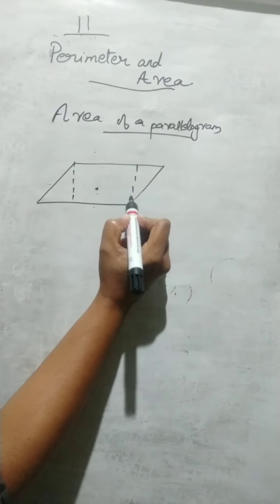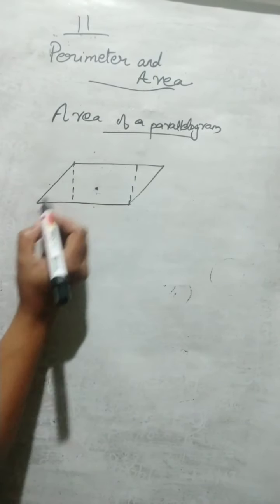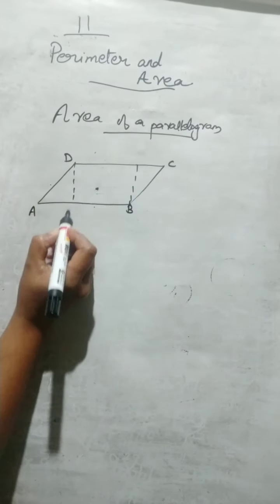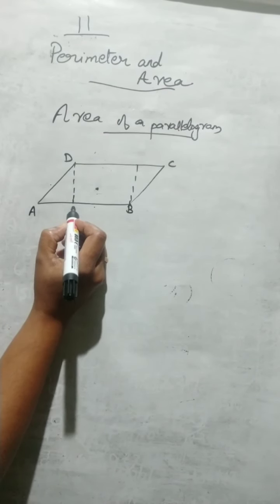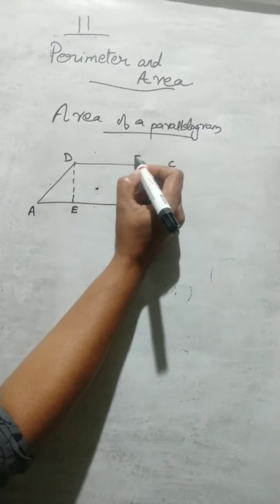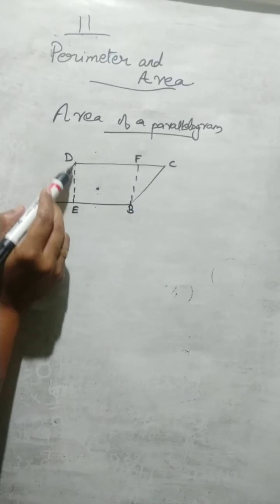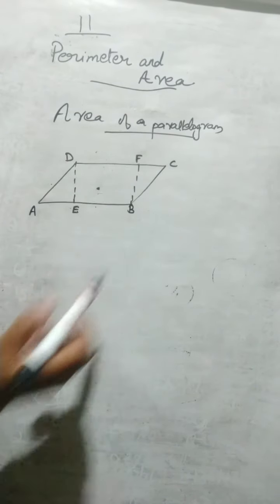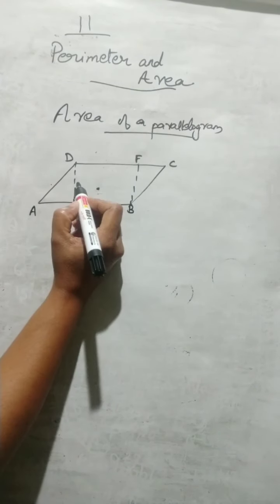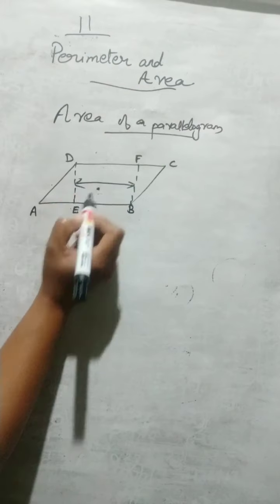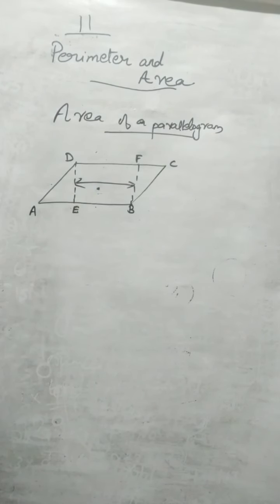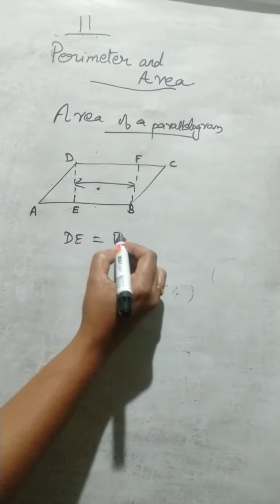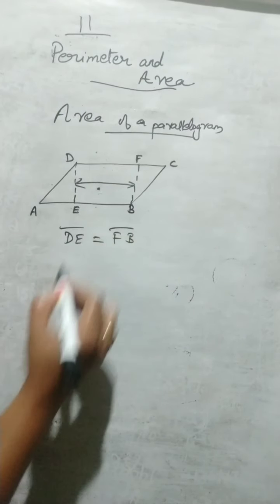Height of a parallelogram. If it is A, B, C and D, we can give these points as E and this will be F. Then DE and FB are the height of this parallelogram. Both will be same. The length of DE and FB are same.